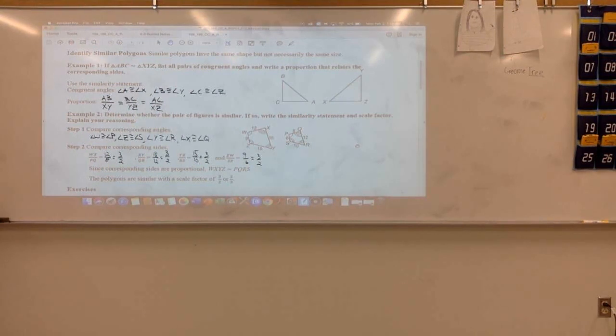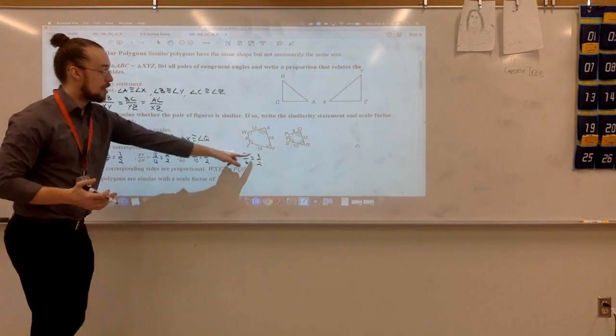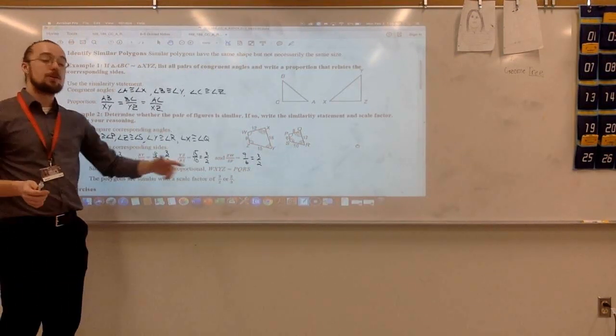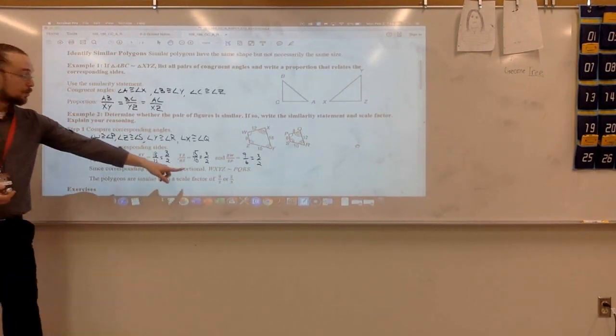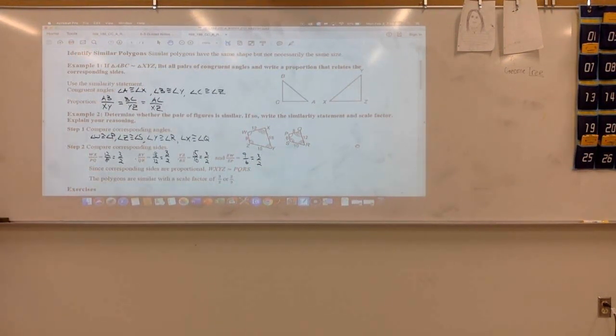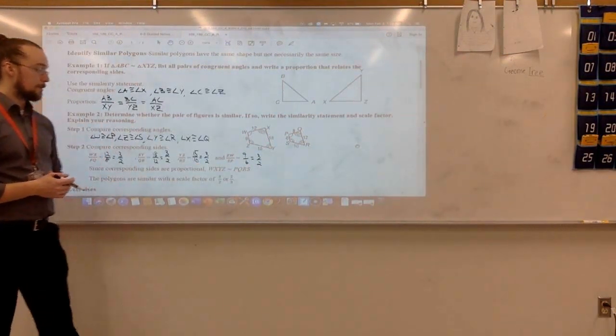So if all pairs of corresponding sides have the same scale factor, that means they are all proportional, then the figures are similar. So we wrote a similarity statement here. WXYZ is similar to PQRS.